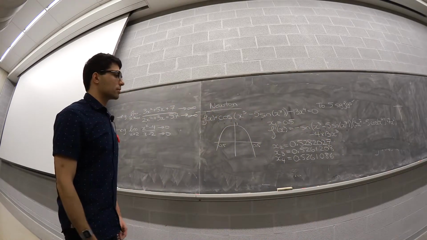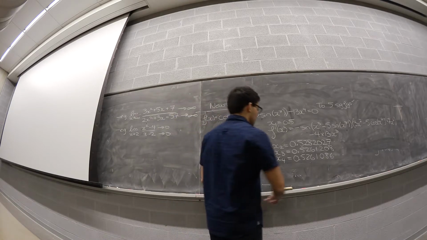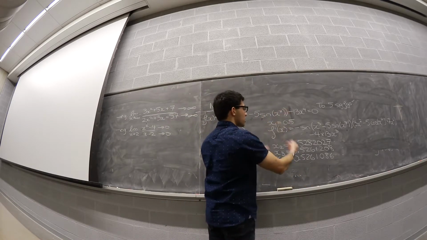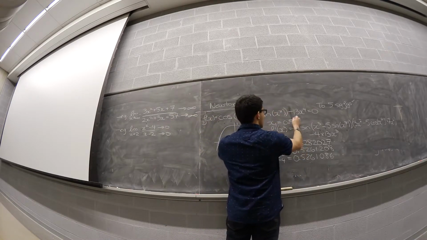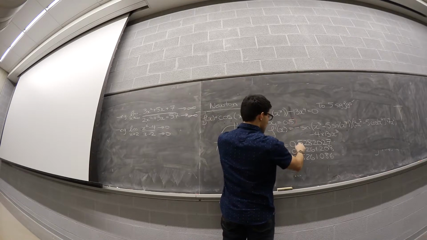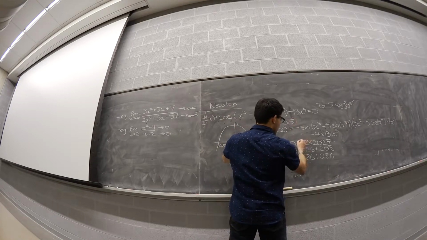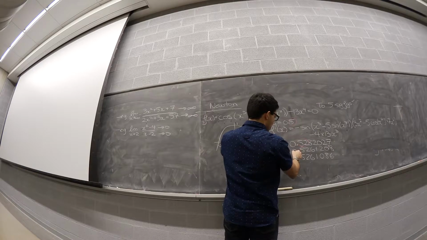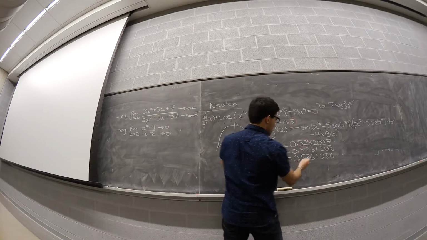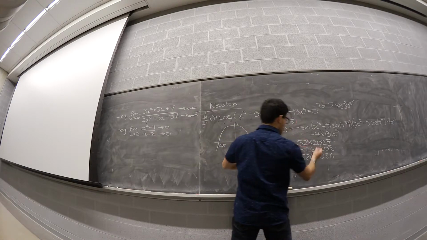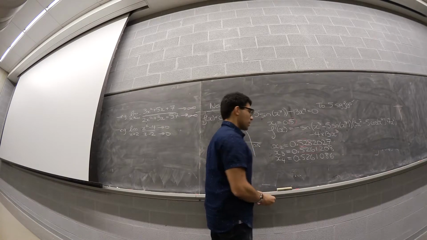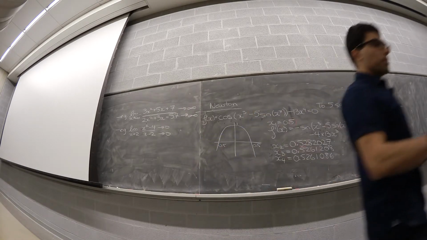Have I got enough? No. And again, at each step, see how many significant digits agree with the next guy. Here, only the first guy agrees. Here, these two guys agree. Here, these four guys agree. So I reckon, in one more step, I'll be done.